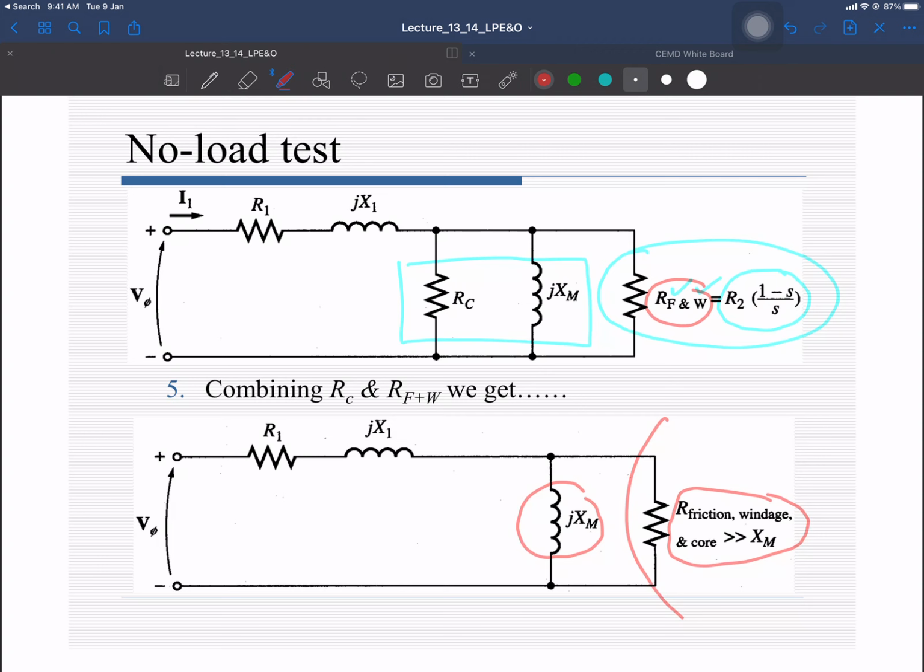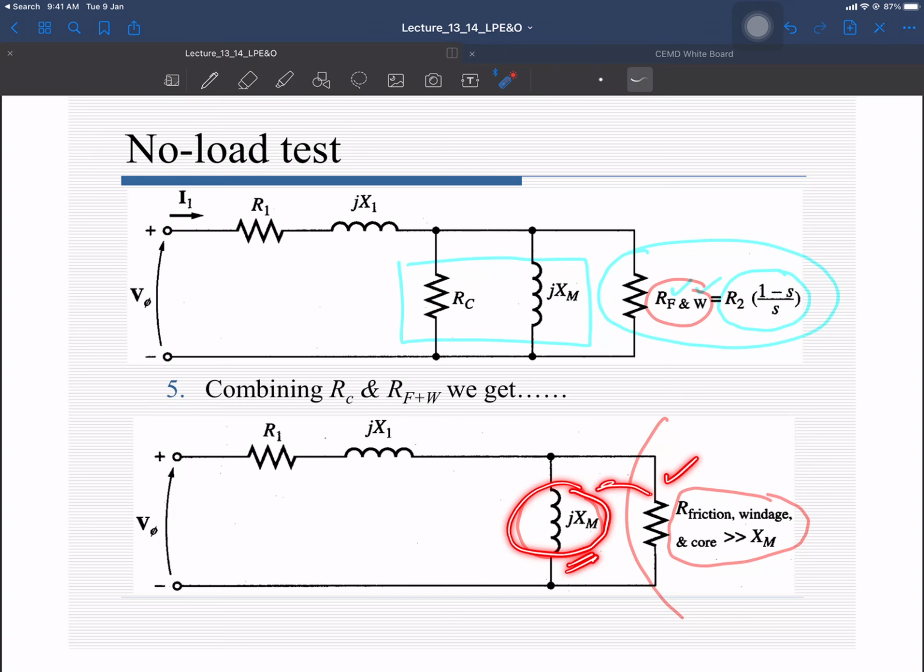Losses are just a few percent of your total power, and these resistances are representing the losses. Those should be very high so that the current in these branches is very small. So this resistance is quite high as compared to your magnetization branch reactance jXm.